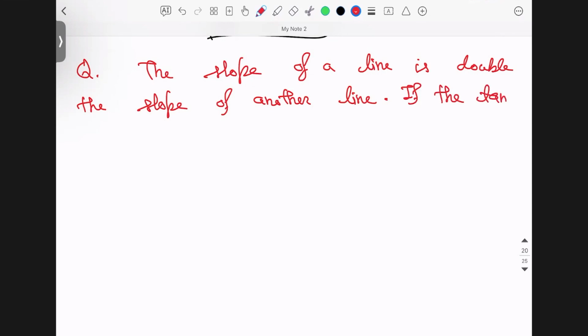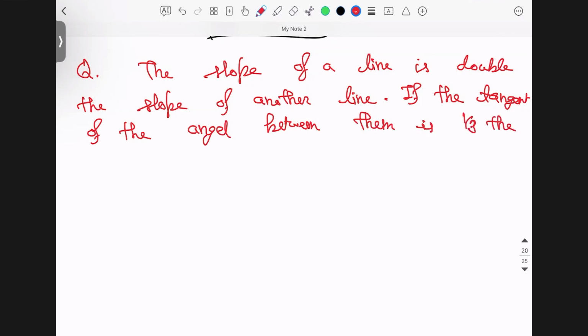If the tangent of the angle between them is 1 by 3, then find the slope of the line.